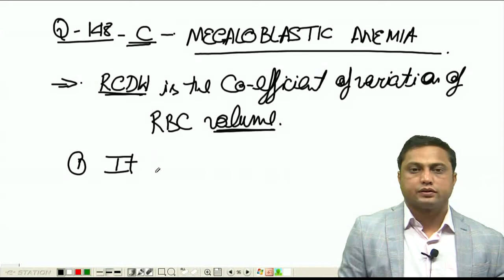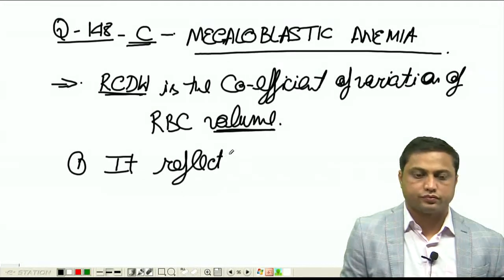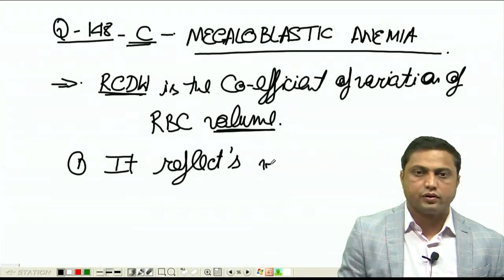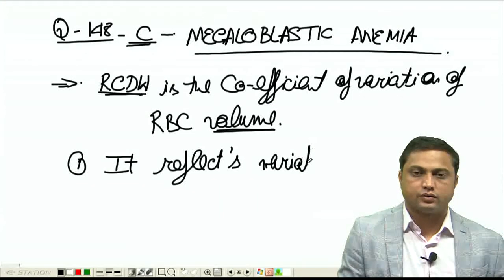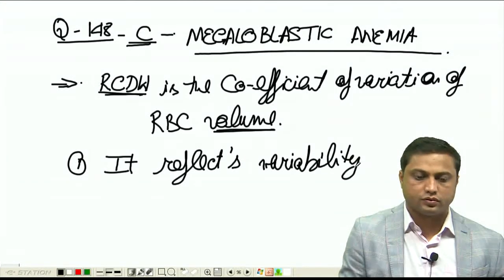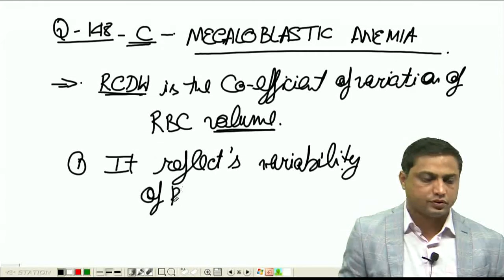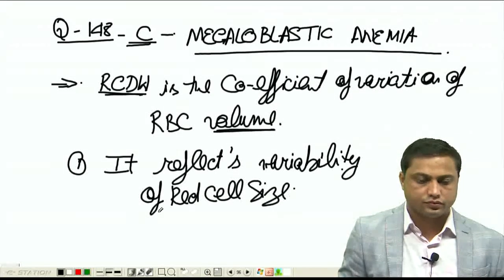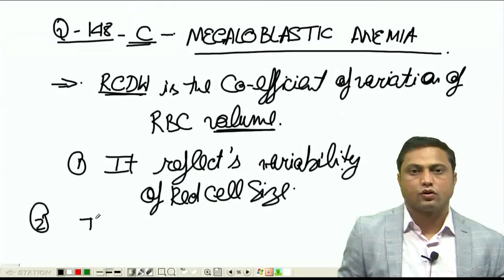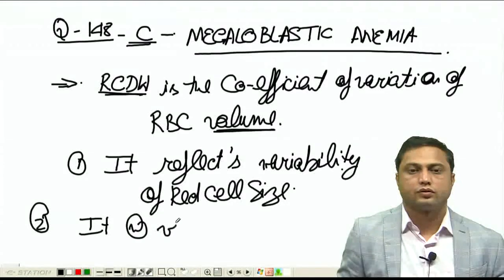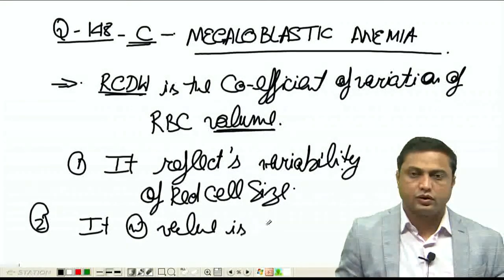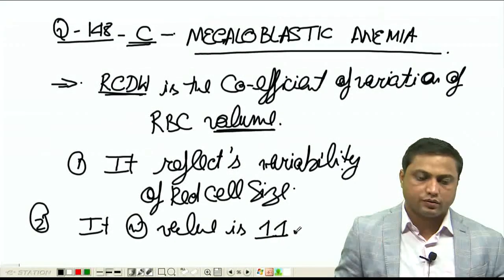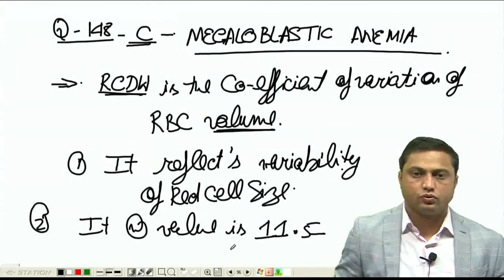So it reflects variability of red cell size. Its normal value is 11.5 to 14.5 units.